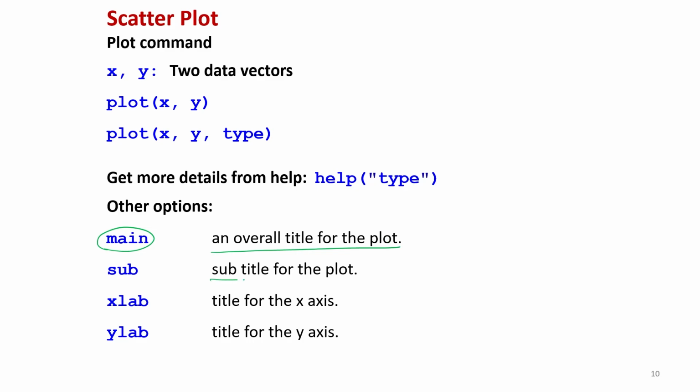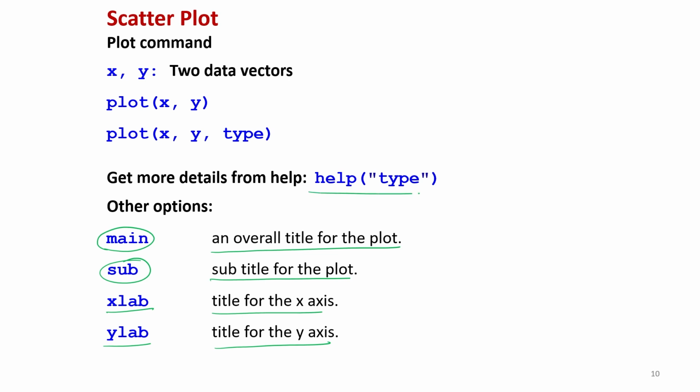If I want a subtitle, I can use the option sub. If I want to give titles on the x and y axis, I can use xlab and ylab respectively, and there are many more options, as you have done in the case of univariate graphics. So the same thing I am now extending to bivariate graphics.